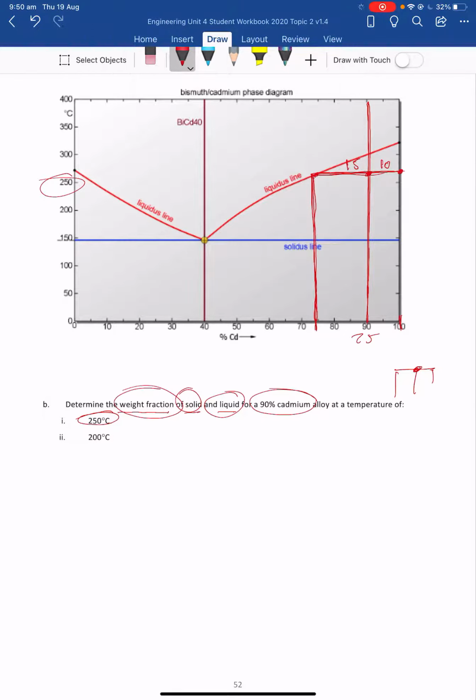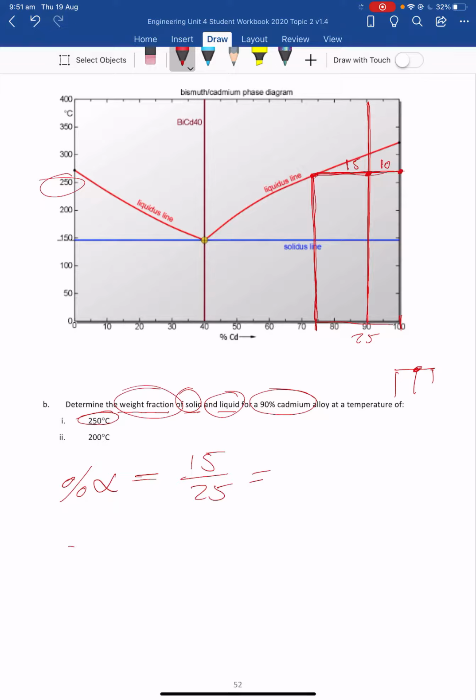And just as we did with our previous systems, we look at these systems in terms of liquidus and solidus solutions. So the percentage of solid, which we're calling alpha, is going to be equal to the distance from this temperature to the liquidus line divided by the total lever arm, which is 25.